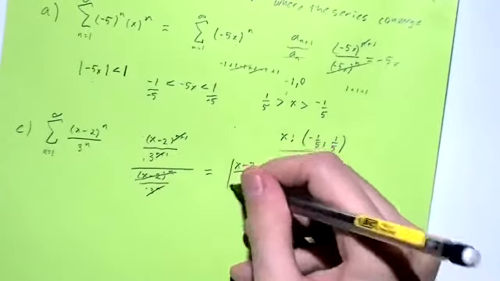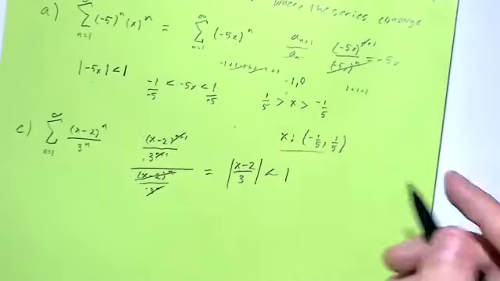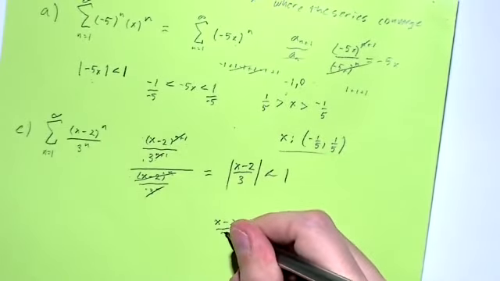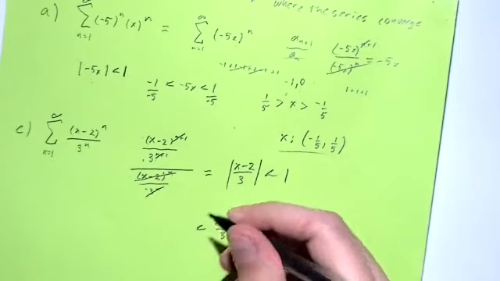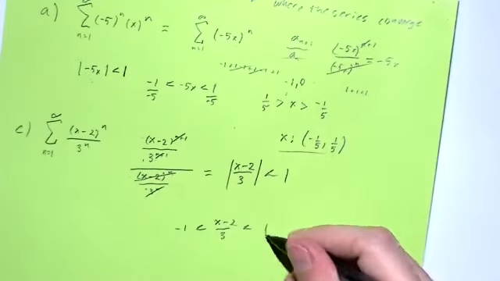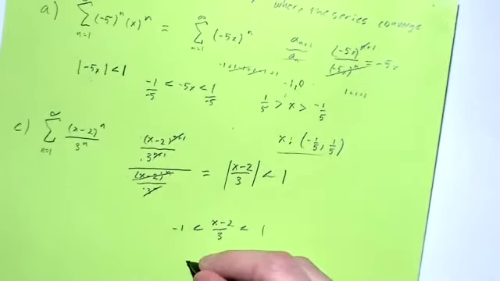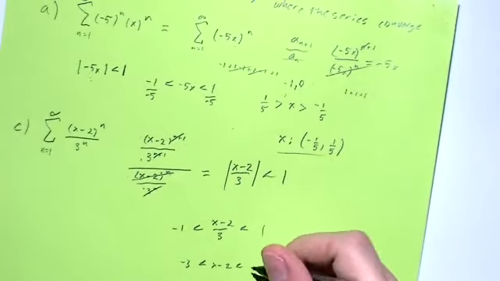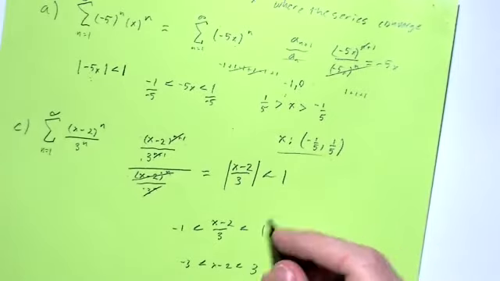But we need to show where this is less than 1. So we get the absolute value of x minus 2 over 3 is less than 1, so between -1 and 1. Multiply by 3. You get -3 is less than x minus 2, which is less than 3.